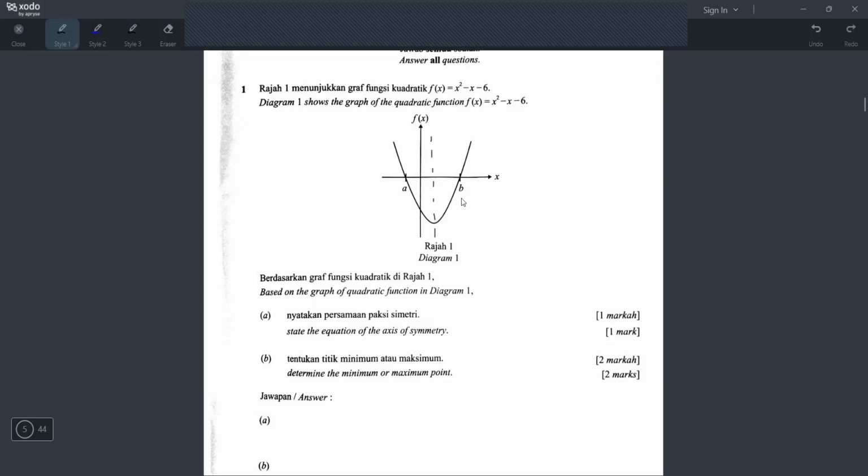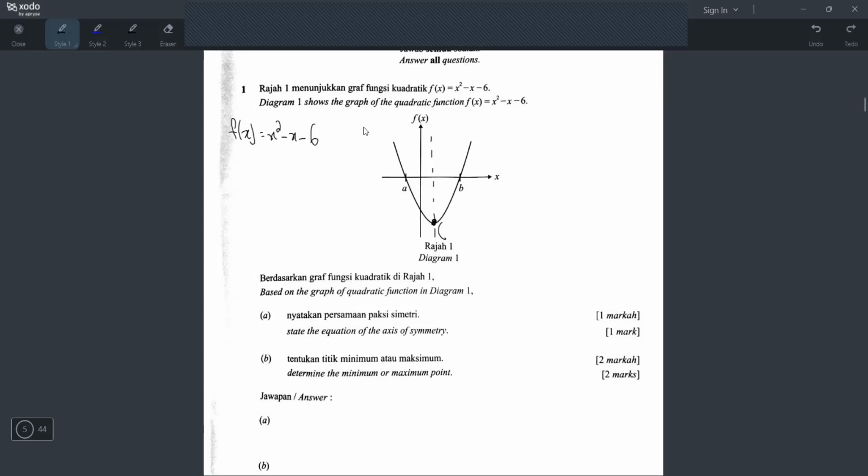It will cut the curve in half, so I need to know the x coordinate of this point in order to find the equation of this line. There are a few methods you can use.